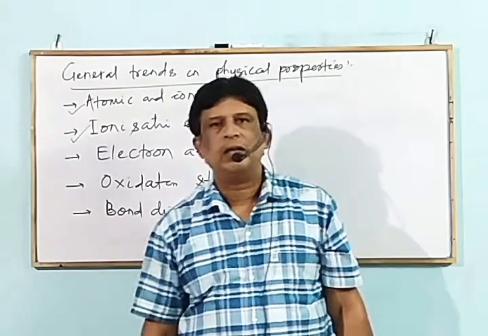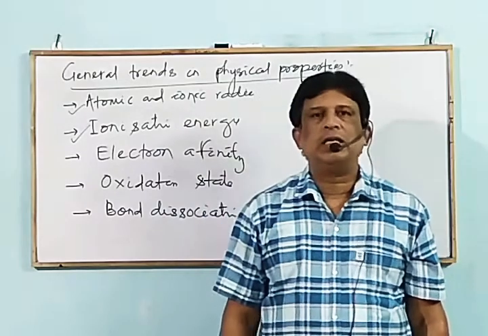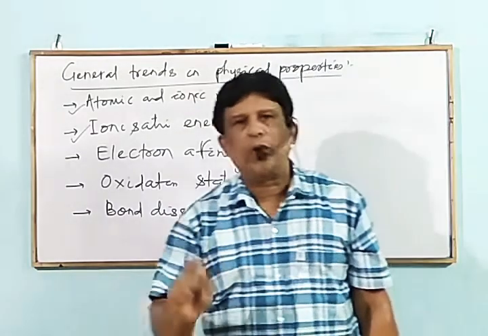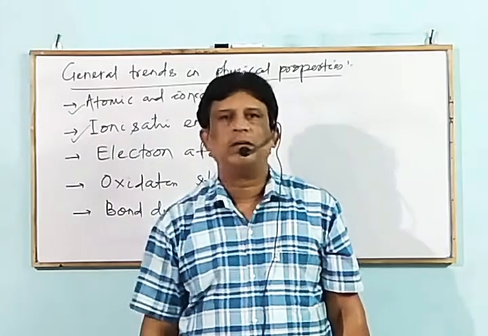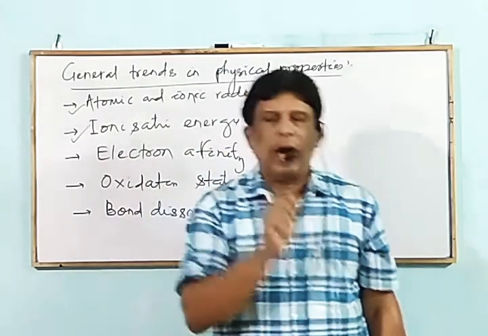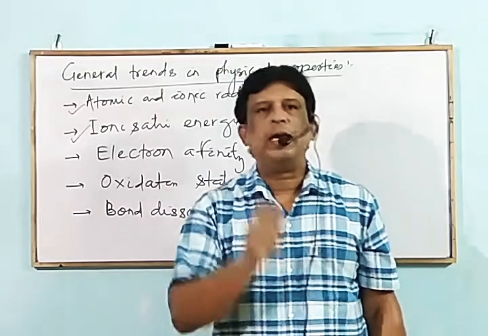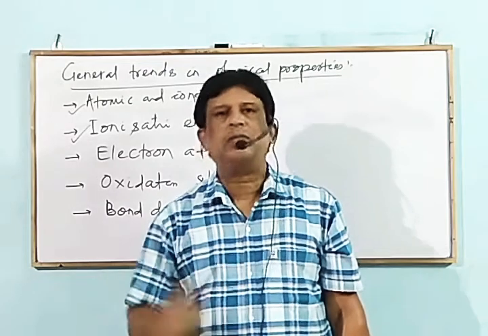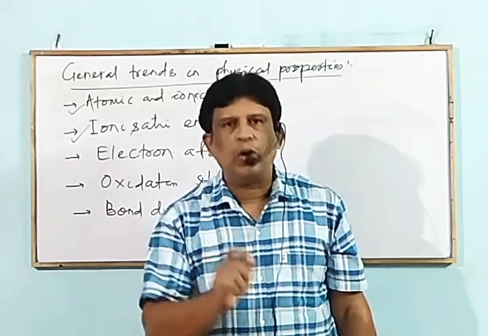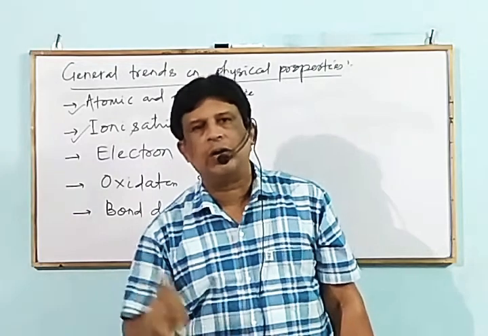I repeat again. Ionization energy is defined as the amount of energy required to remove the valence electron of a neutral gaseous atom in order to form a monovalent positive ion or cation.